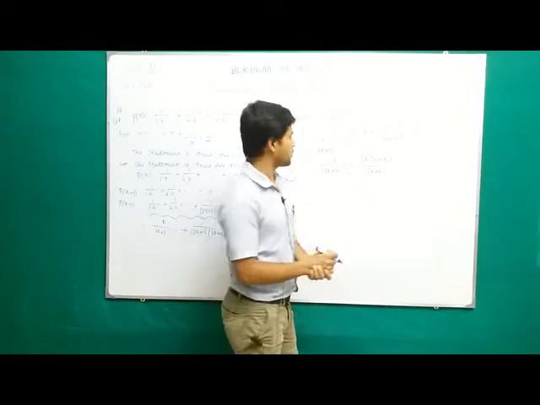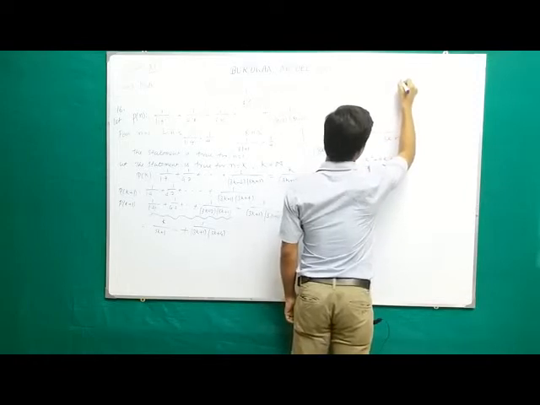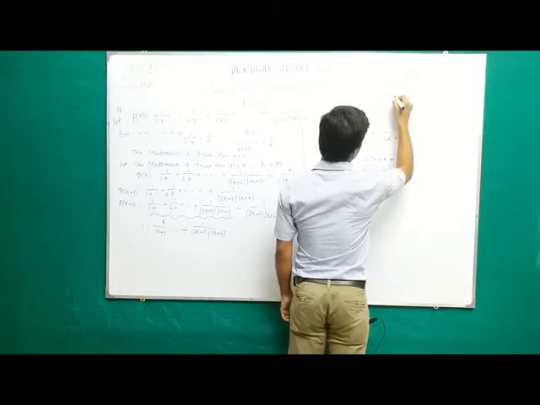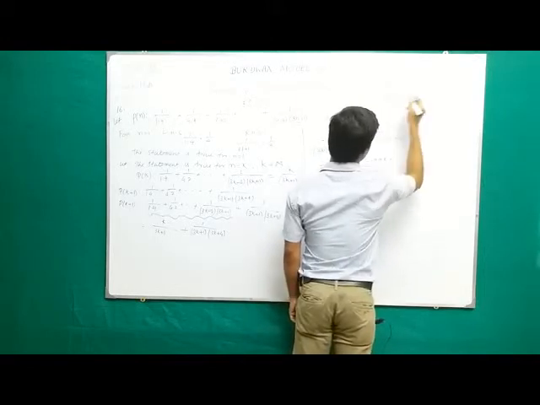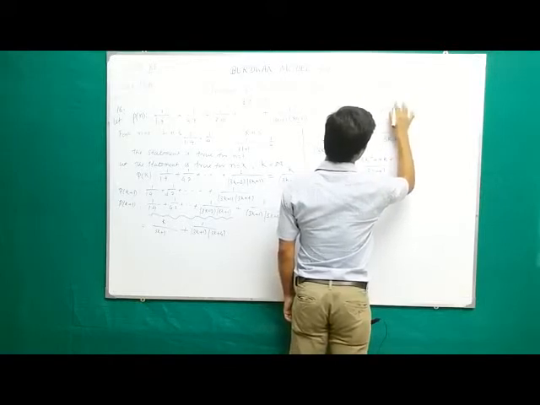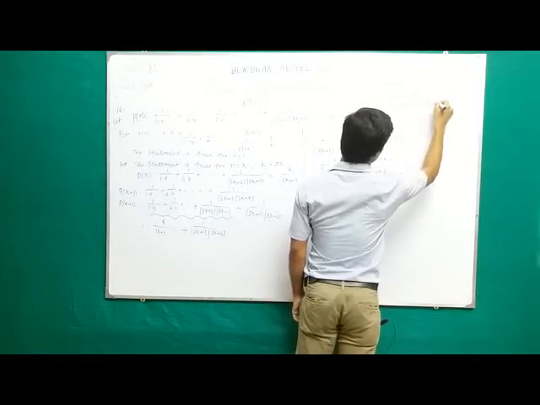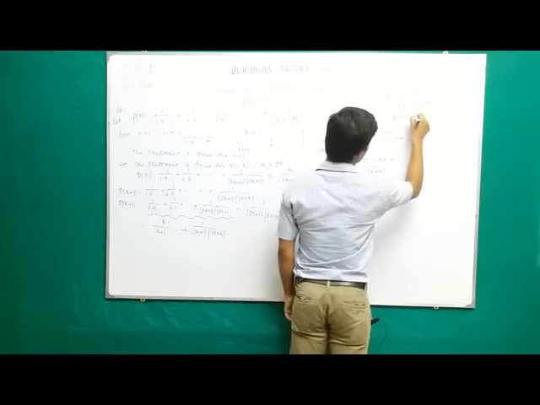We can factorize it: 3k square plus 4k plus 1 can be written as 3k square plus 3k plus k plus 1. Taking 3k common we get k plus 1, and taking 1 common we have k plus 1. So that is (3k plus 1) into (k plus 1).